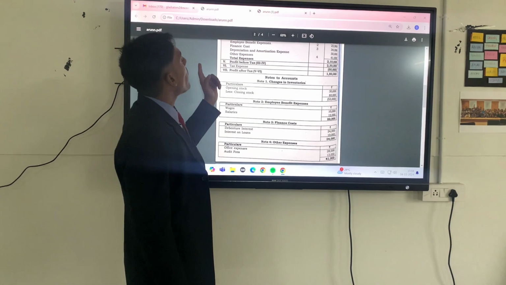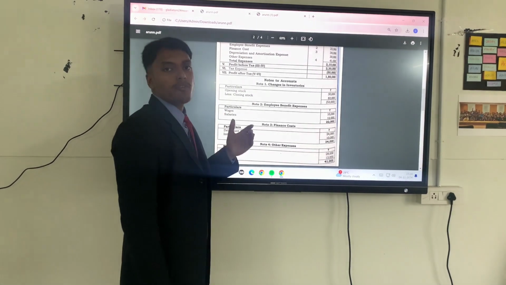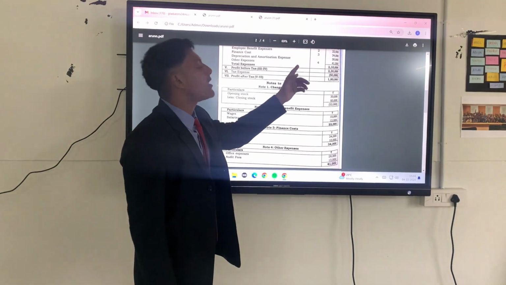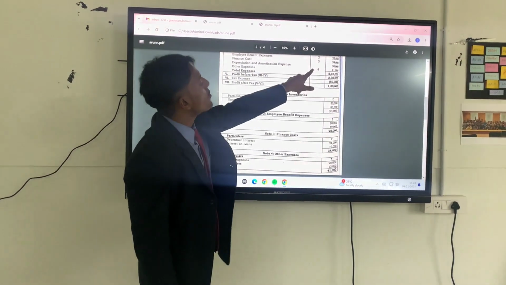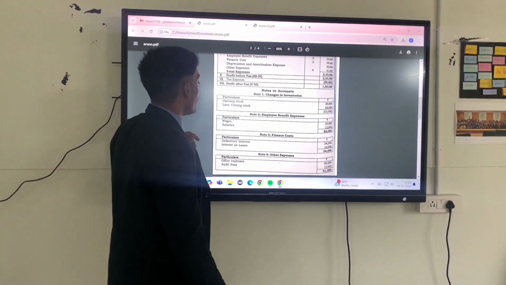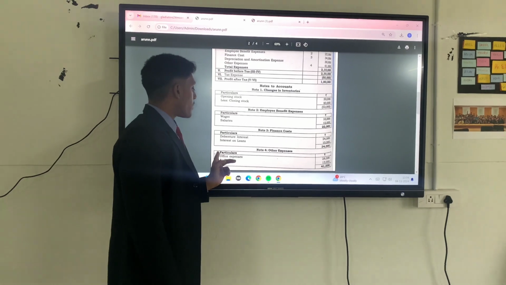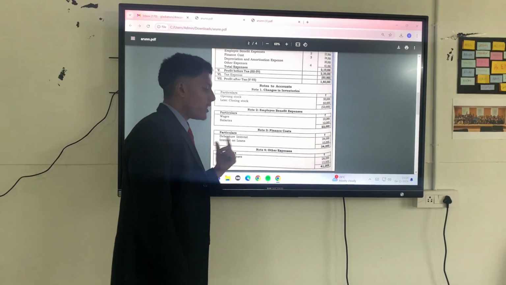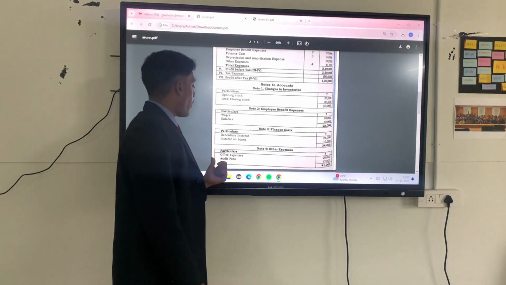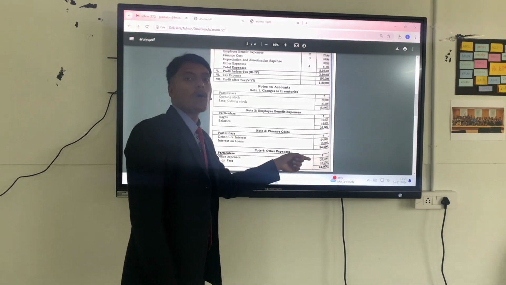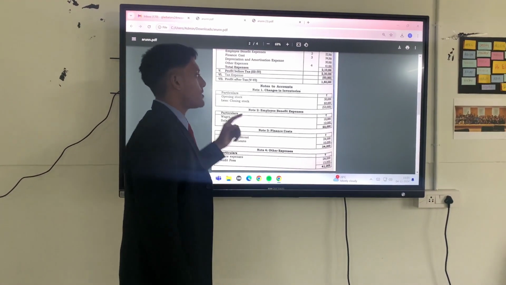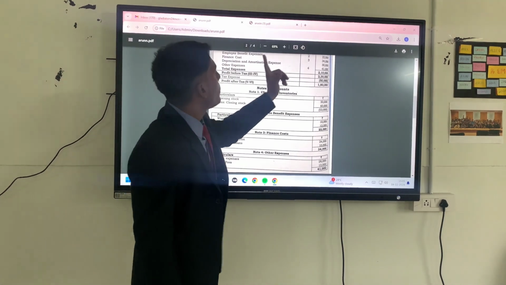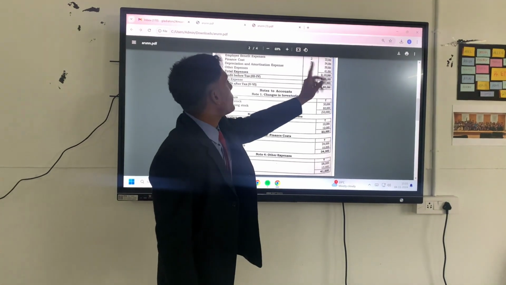Then depreciation and amortization expense is directly given in the question as 30,000. Then other expenses, which also has a note number, so there is an additional working: office expense given in the question as 28,000, then audit fees 13,000, and adding both gives 41,000. So we keep other expenses as 41,000.